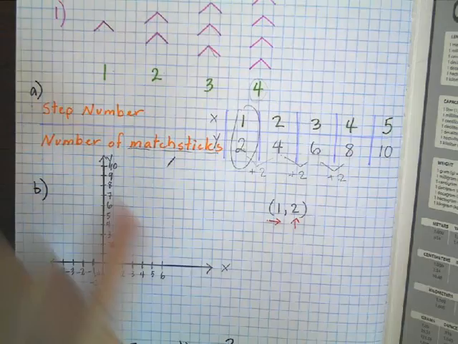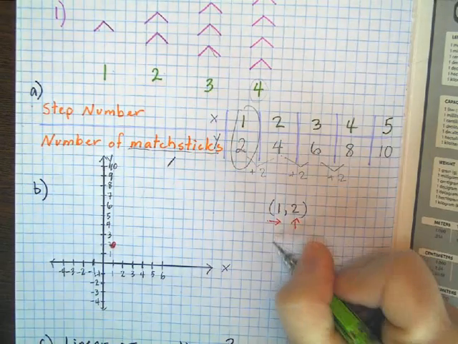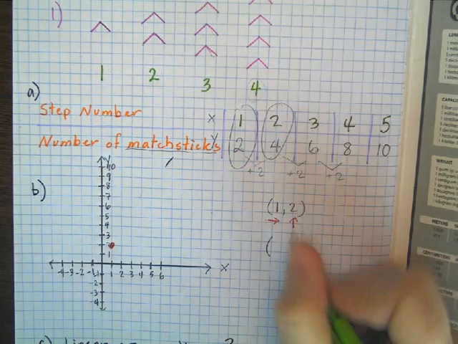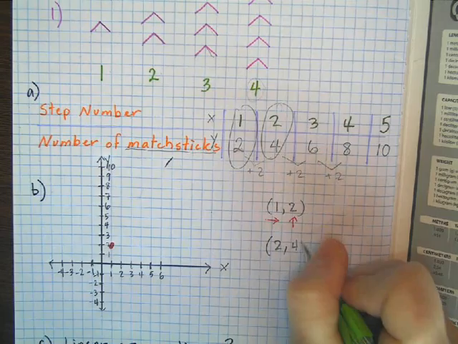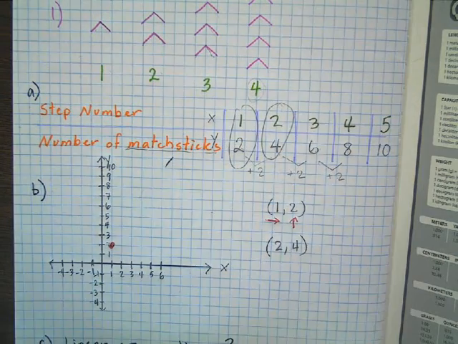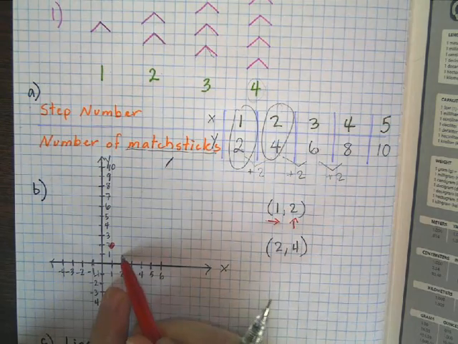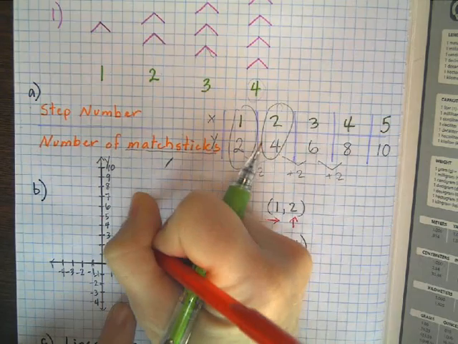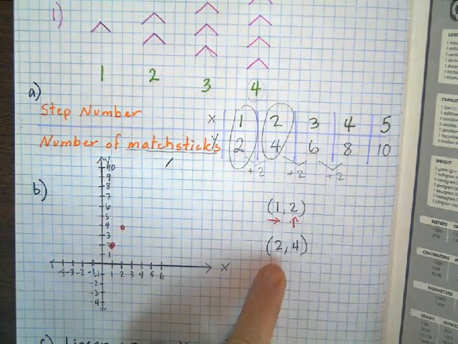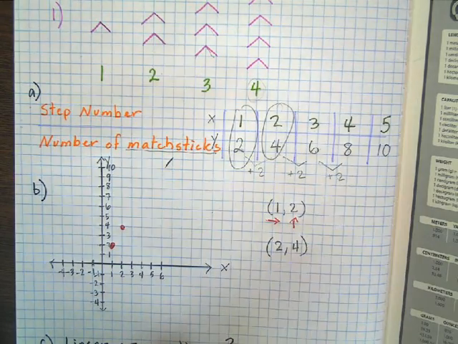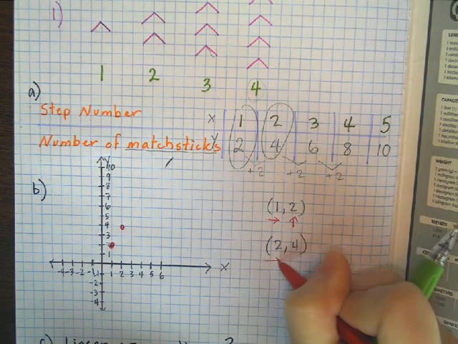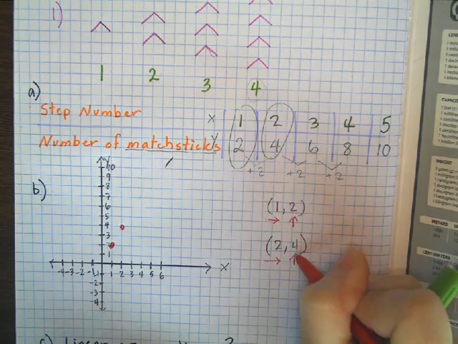Okay, the next point is going to be this one, 2, comma 4. So I start at 0, and then I go right 2 and up 4. Remember, the first number is always either right or left, so that's right 2, and then up 4.